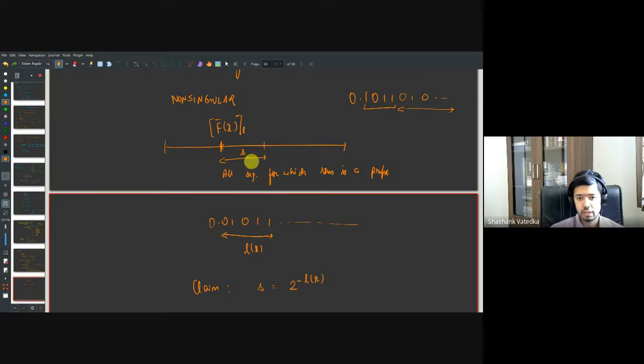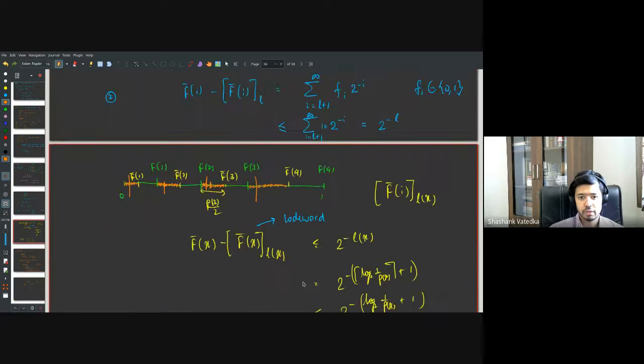So the length of this particular interval is summation i equal to L plus 1 to infinity, 2 to the minus i, exactly the same calculation that we had, and this is 2 to the minus L. So the set of all sequences for which this code word is a prefix is going to lie within an interval of size 2 to the minus L of x. Now let's go back to this picture over here. Let me copy this.